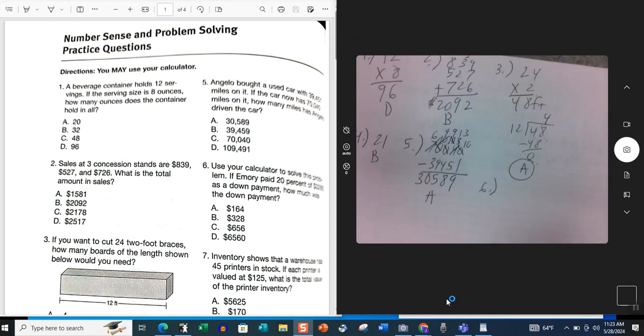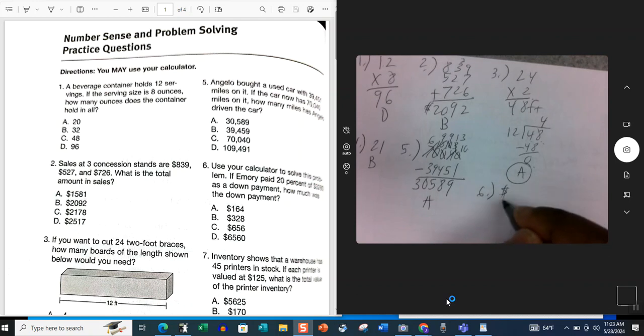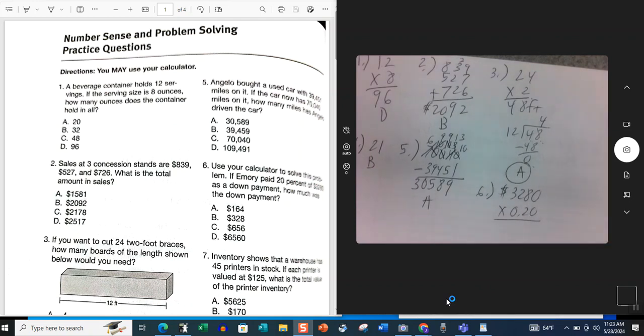Okay, number 6. Use your calculator to solve the problem. If Emery paid 20% of 3,280 as a down payment, how much was the down payment? So we had 3,280 multiplied by 20%, which is 0.20.